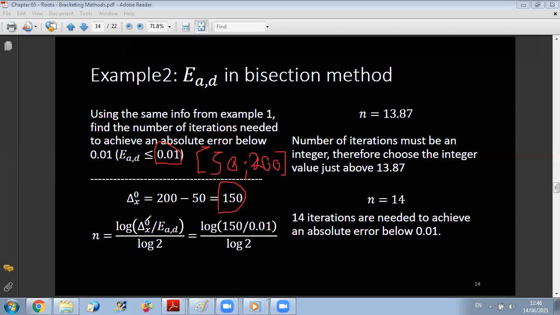I have delta x, which is 150. The error desired is 0.01. So I get that n equals 13.87. But of course, you know that the number of iterations should be an integer. So I will just select the integer that is just higher than 13.87, which is 14. So I need at least 14 iterations to be able to reach the absolute error desired. Okay? Any question on this?